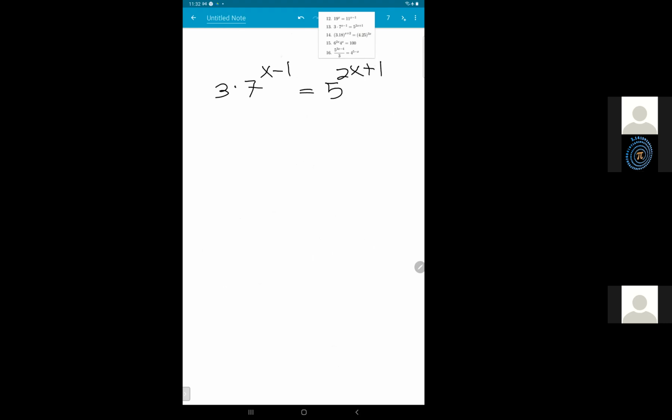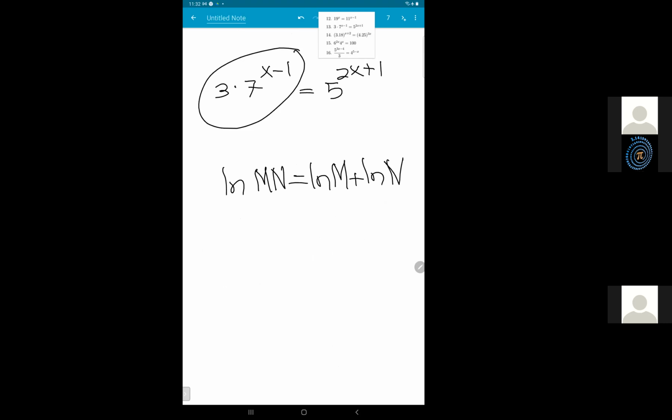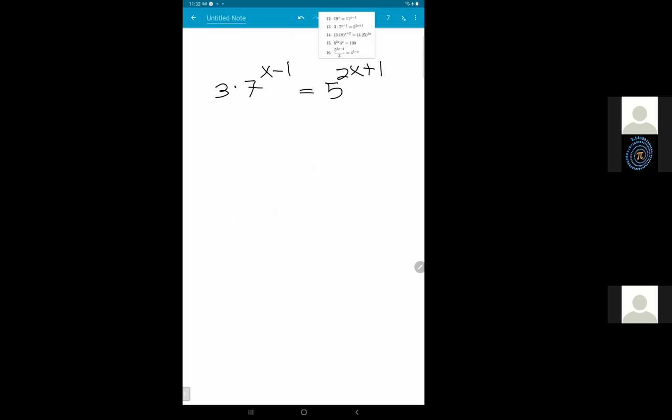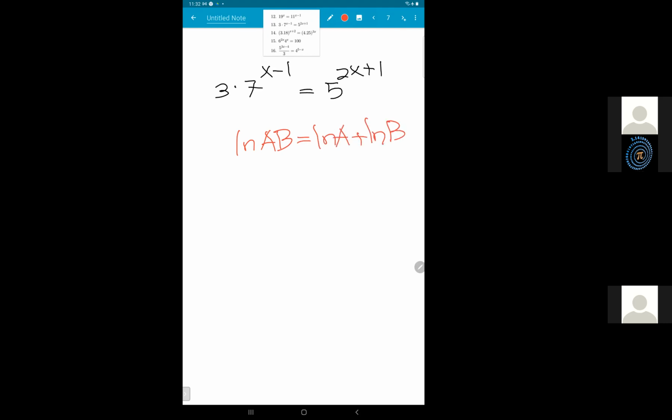And then here you use the division, the multiplication becomes addition. This one. Okay, maybe about 3 minutes.